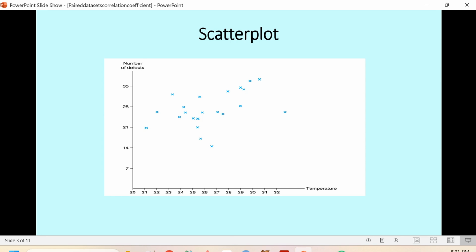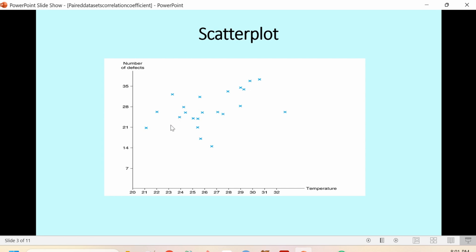For example, here x is the temperature and y is the number of defects. This figure can roughly be said to show a positive relationship, because most often when x is small, y is also small, and when x is bigger, y is higher, right?